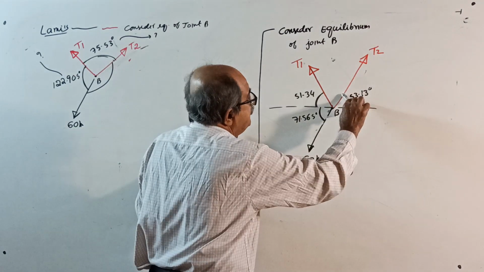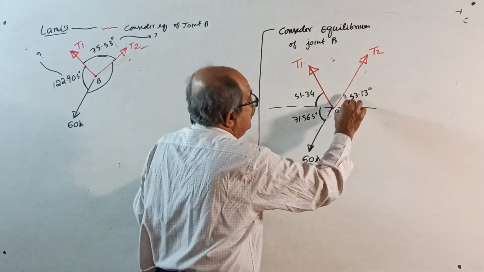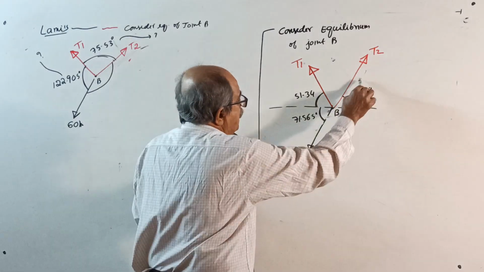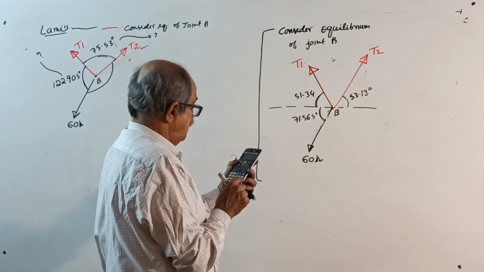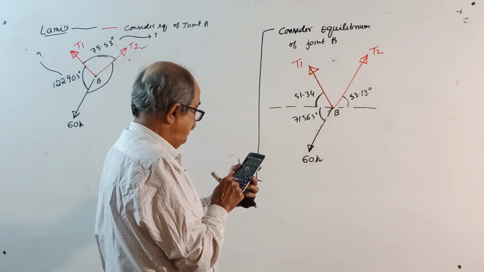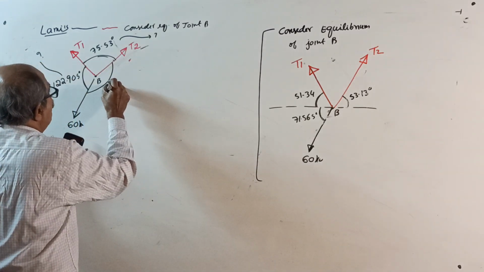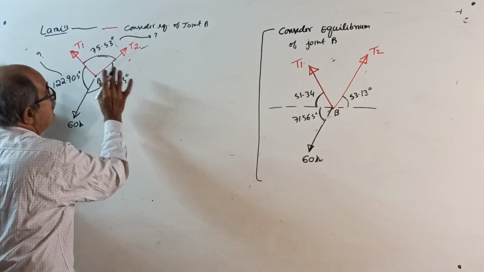Calculate 53.13 plus 180 minus 71.565, which is 161.565 degrees. This is the sketch for Lami's theorem.